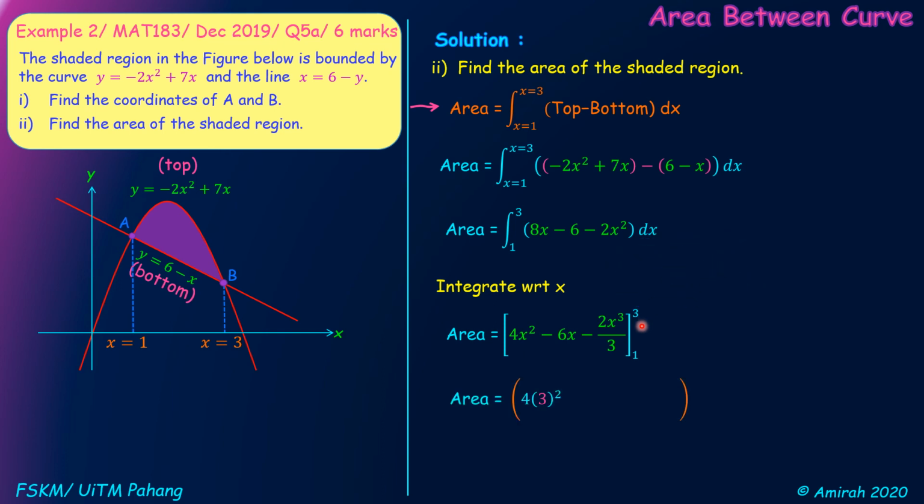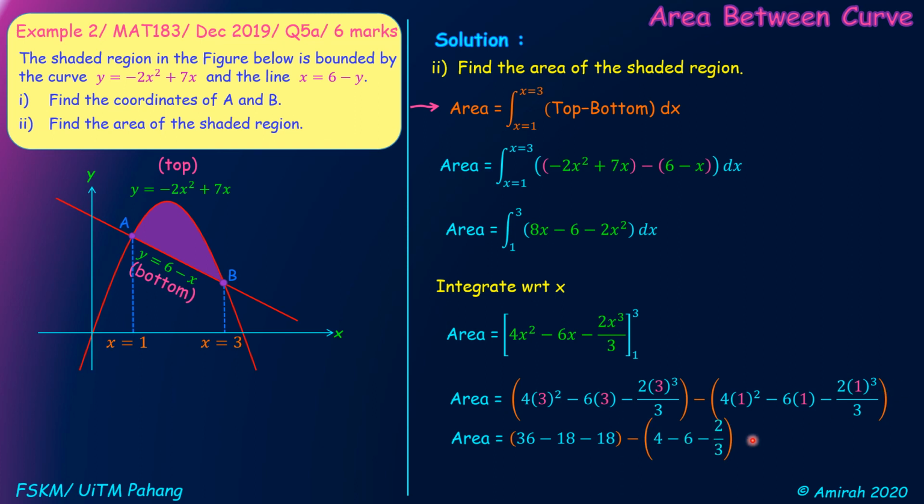After that, we substitute the upper limit into variable x, and in between we must put minus, and then we substitute the value of the lower limit into variable x. So we get this.